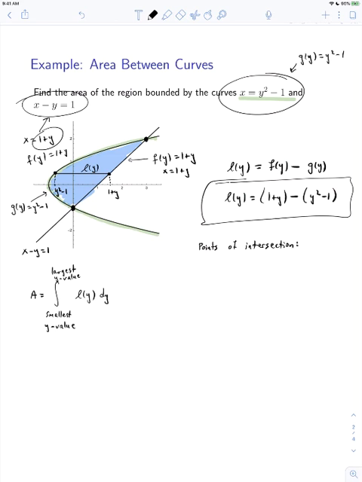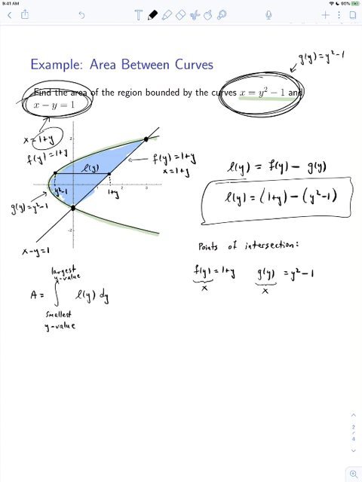In order to do that, we're trying to find where these 2 equations have the same x value and the same y value. Since we're viewing these as functions of y, we have f of y equal to 1 plus y, and g of y equal to y squared minus 1. These are the x values.